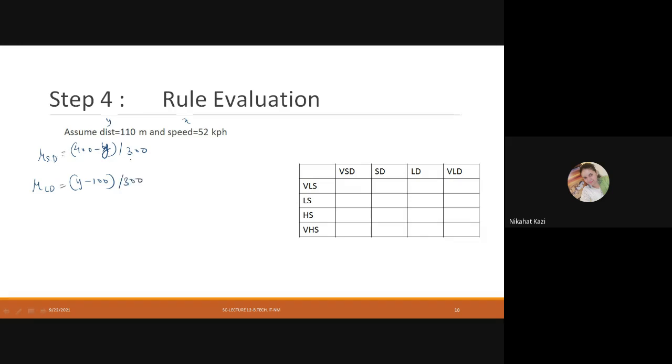So for short distance, tell me what is the membership value? What is mu SD of 110? 0.967.